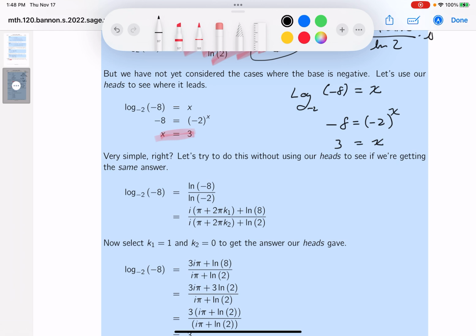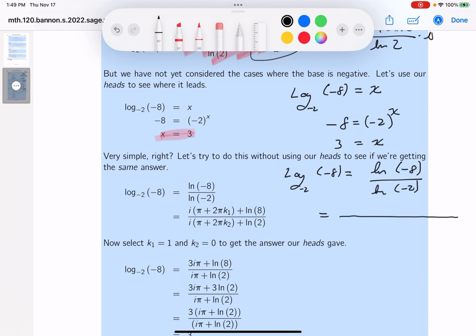And the way we do that is we write down log base minus 2 of minus 8. I use my base change formula. Let's give it natural log of minus 8 over the natural log of minus 2. And I'm going to relate it back to what we did in the past. And I guess not a great memory, but we just did that, didn't we? So what are we going to get?